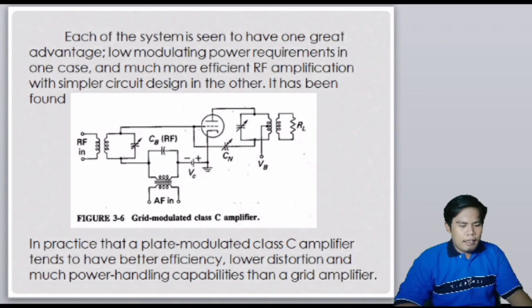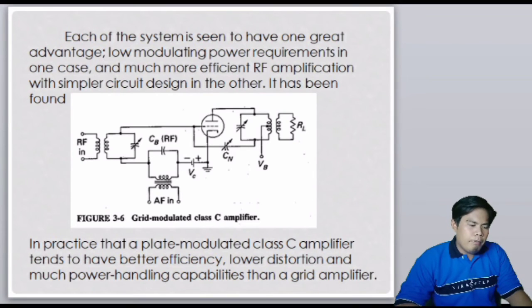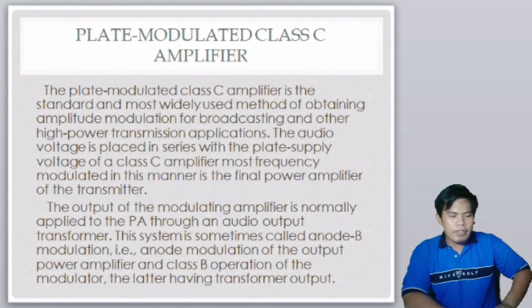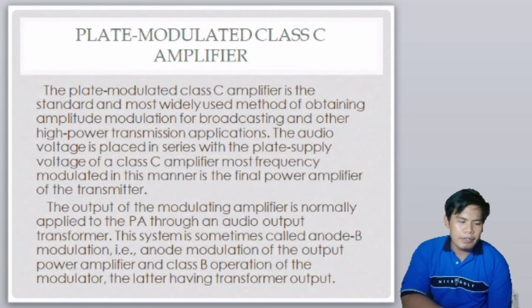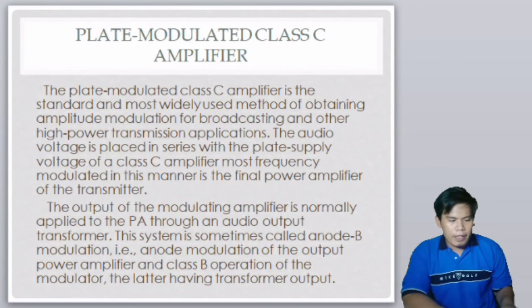In practice, a plate modulated class C amplifier tends to have better efficiency, lower distortion, and better power handling capabilities than a grid modulated class C amplifier. The plate modulated class C amplifier is the standard and most widely used method of obtaining amplitude modulation for broadcasting and other high power transmission applications.